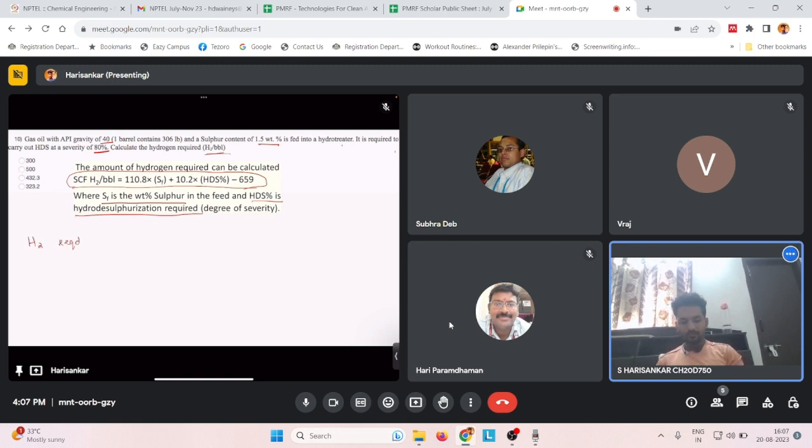Applying this formula, H2 required is equal to 110.8 times SF, the sulfur content is 1.5, so times 1.5, plus 10.2 times HDS percent. We need a severity of 80%, so that is 80, minus 659. Can someone do this and tell me what you get as the answer?